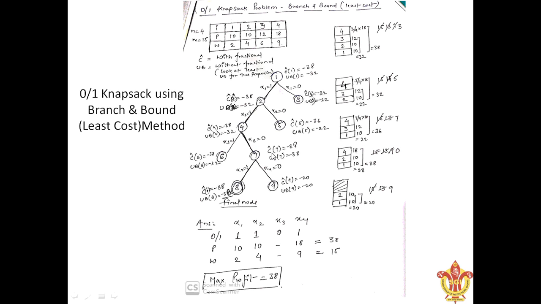Now here the upper bound will be changed, because initially we calculated each node by including 3 nodes and excluding these 3 nodes, and now we'll have to update the upper bound. The upper bound which we are getting here right now is minus 38, and initially the upper bound here is 32.